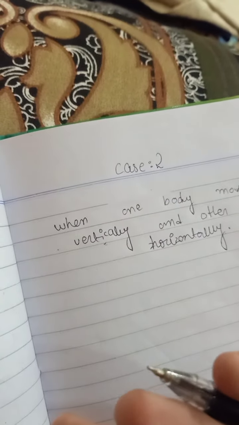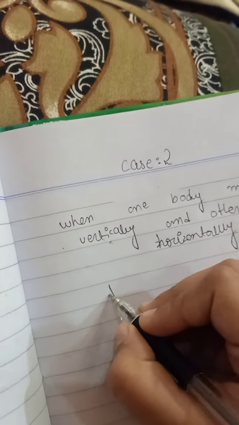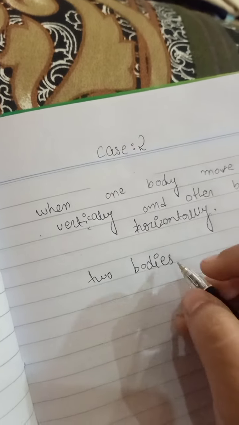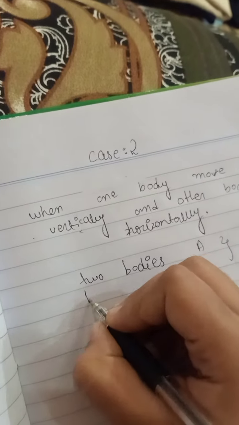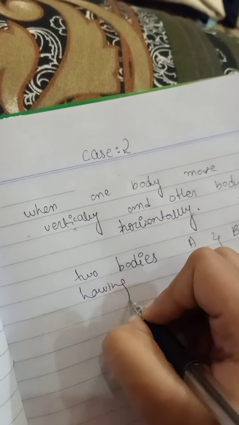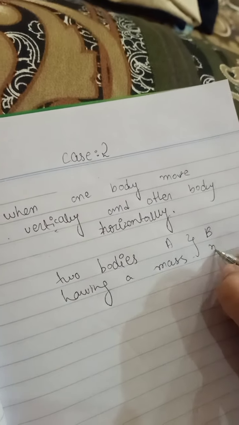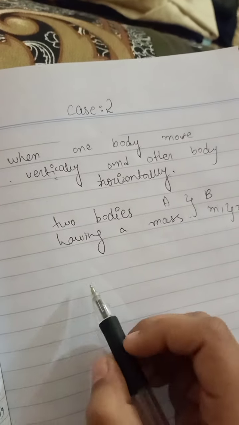So just imagine that there are two bodies, A and B, having masses m1 and m2.